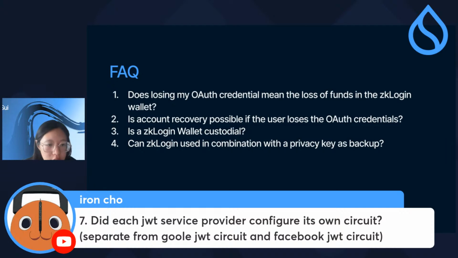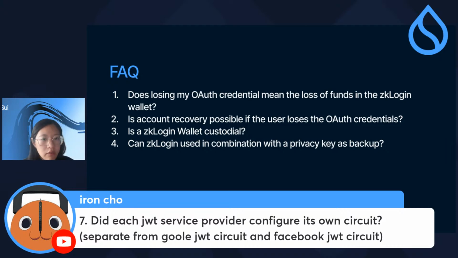Does each JWT service provider configure its own circuit? The answer is no. We actually configure a universal circuit that works for all the providers. It is to note that we set a certain upper bound on certain fields in the JWT.